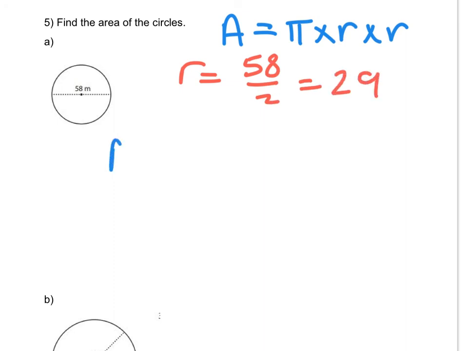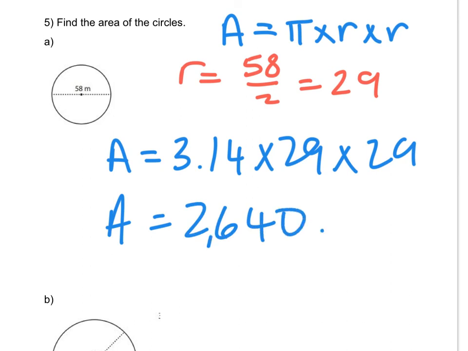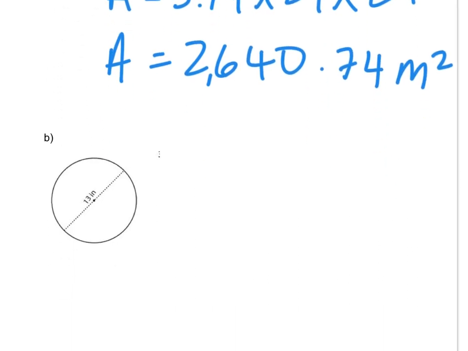Then you do area equals 3.14 times 29 times 29, which gives you 2,640.74 meters squared.